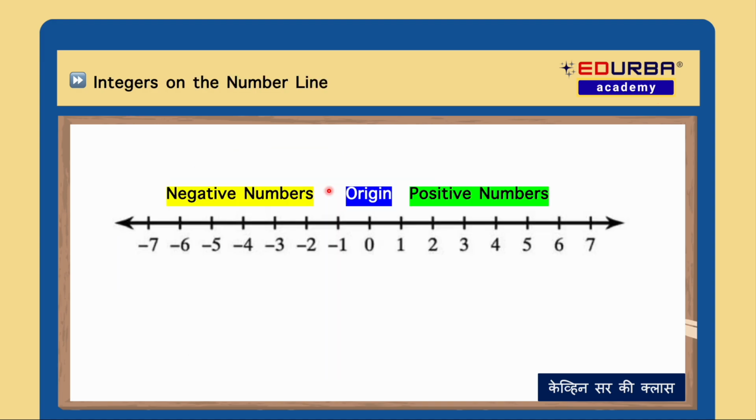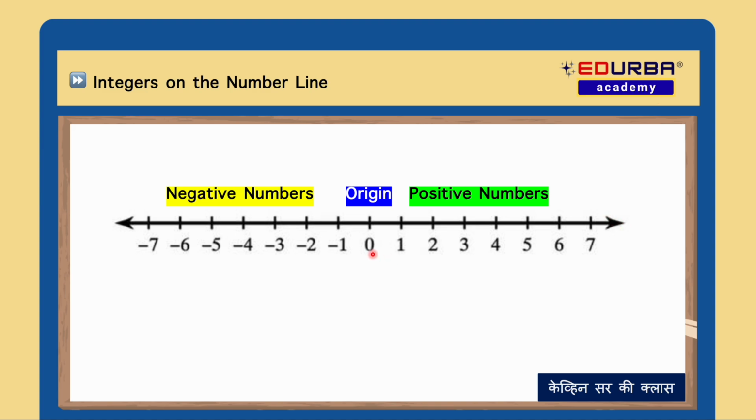Now let's understand how to show integers on the number line. We have origin which is shown by 0. Right side we have all positive numbers in the increasing order. So they start from +1, +2, +3, +4. Now I have not shown plus sign here, but we can understand that +1 is also shown as 1, whereas +2 is also shown as 2, and we can keep on counting them until infinity, and that's why we have this arrow on the number line.